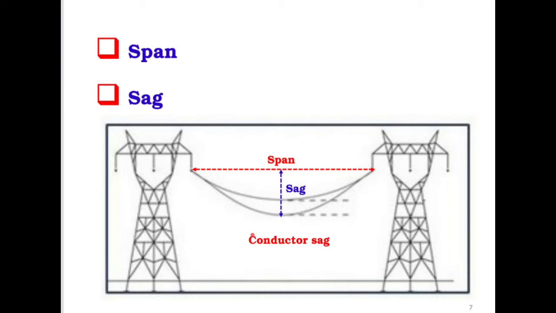So we need to have more clearance where there are a lot of people and high buildings. But if it is a national highway, we know that only those trucks or carrier transport are crossing the transmission lines.